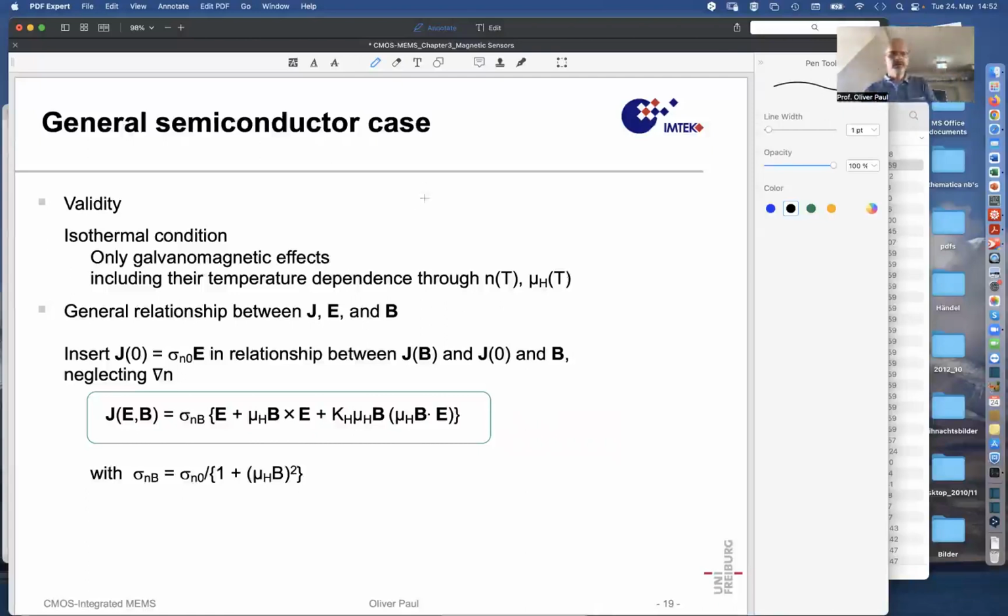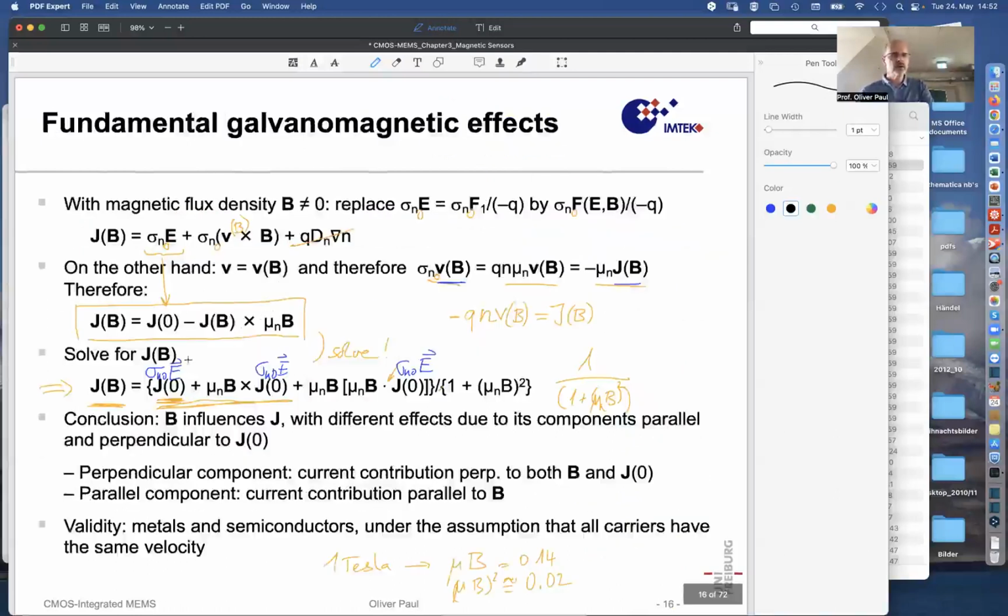And then under these conditions, that only galvanomagnetic and not thermogalvanomagnetic effects are considered, we have this general relationship between J, E, and B that we basically have already seen before, three slides ago, when we can extract the sigma 0 everywhere.